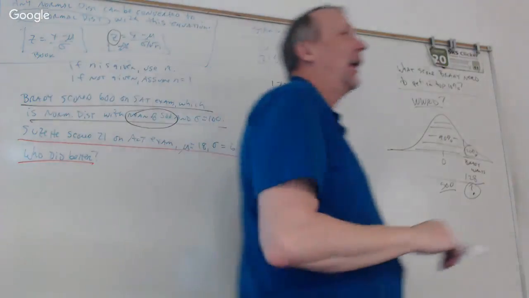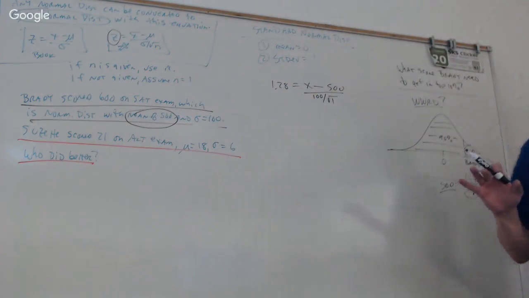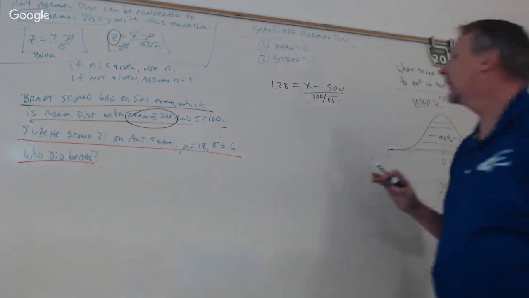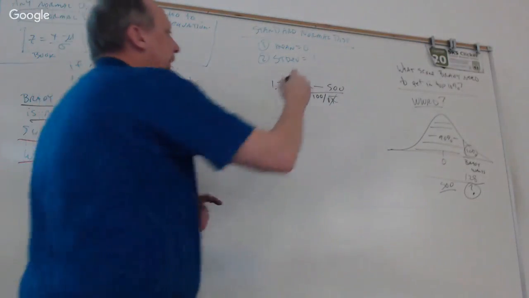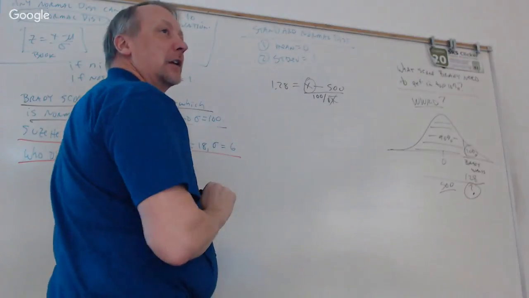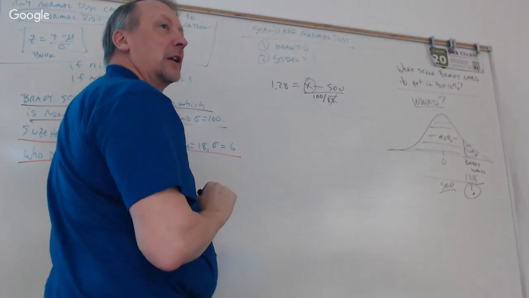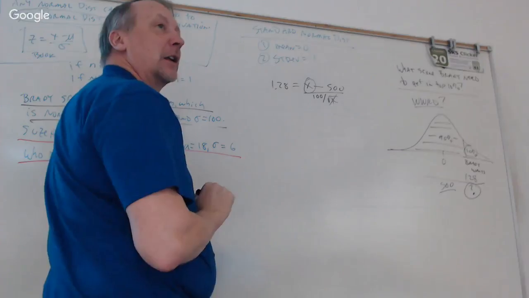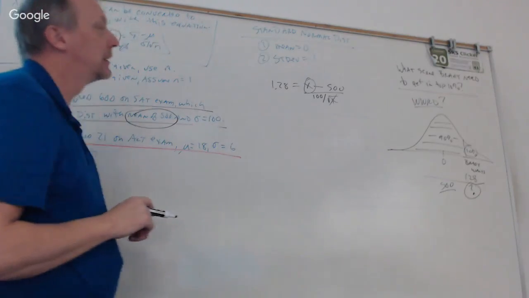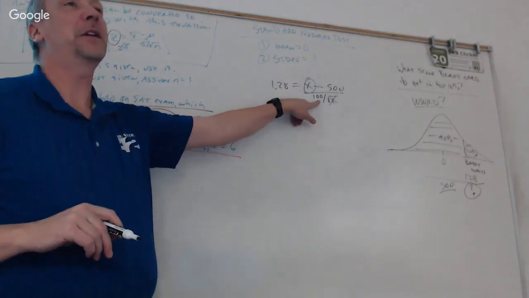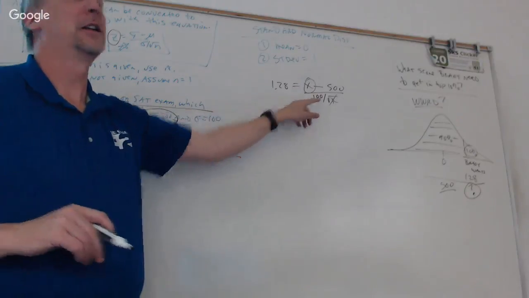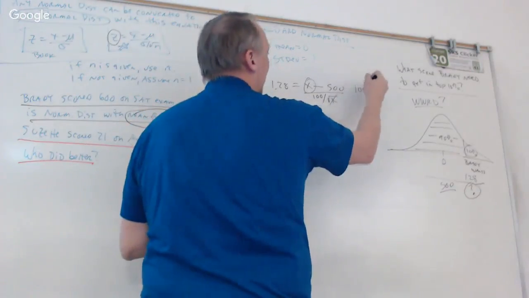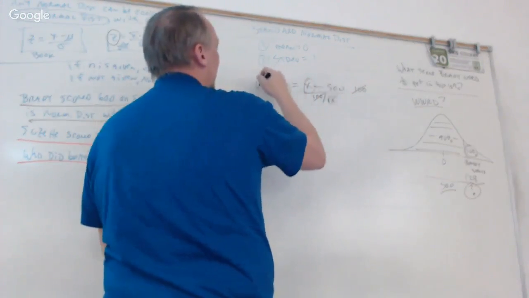Okay, so now we have to do just a little bit of algebra. So Ashley, the square root of 1, that's just going to go away, right? So how do I do the algebra to solve for x? Well, we need to get this out of the denominator first, right? How do I get rid of that? Times it by 100. Yeah, so I'm going to multiply both sides by 100, so that will go away.